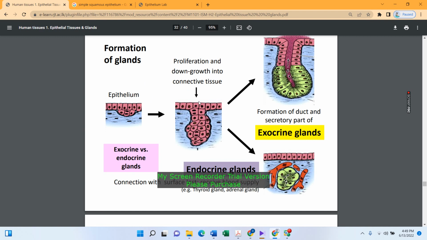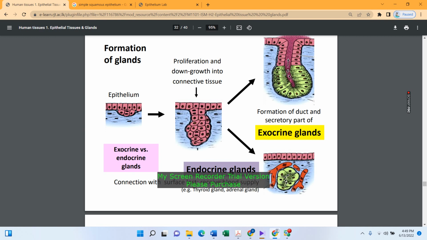They grow in number and grow down into the connective tissue, and then there is formation of duct and secretory part. These epithelial cells do the secretion, and then they form a duct to carry these secretions. Gradually it develops the duct and secretory part of the exocrine gland.